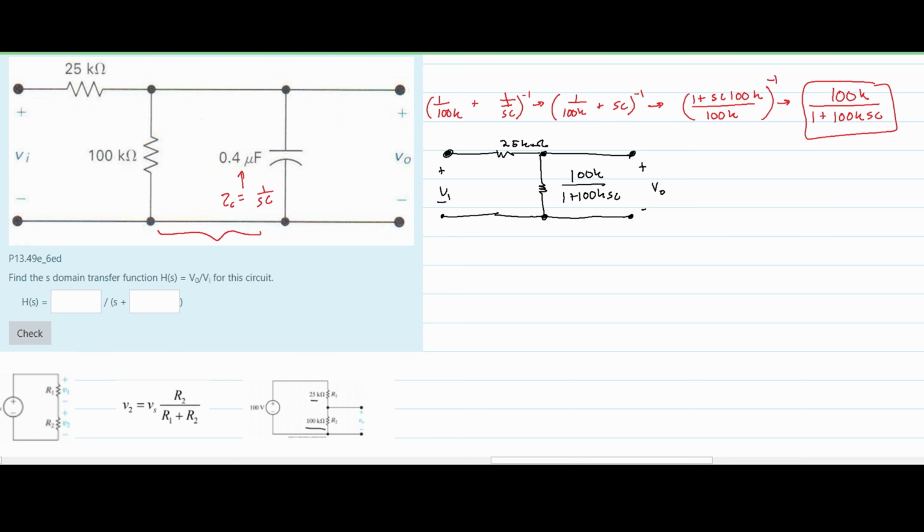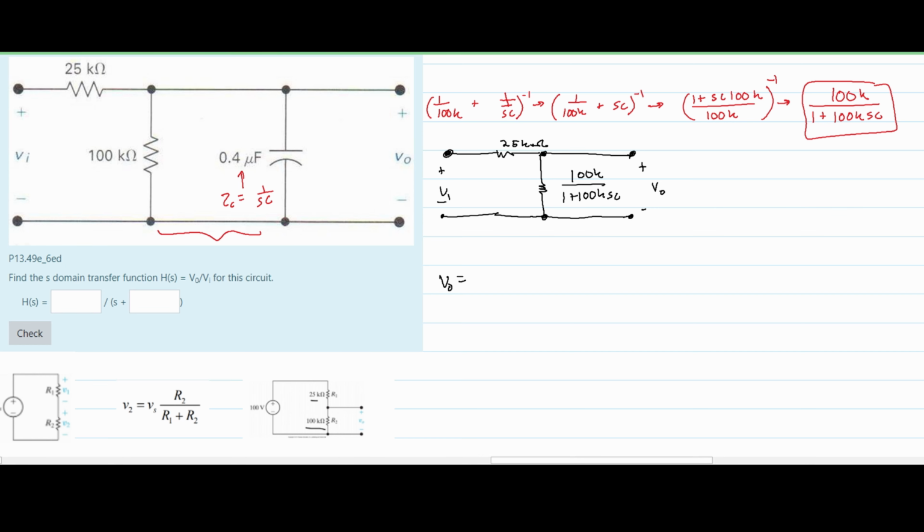We have this resistor in parallel with this voltage, so we can write this out using this equation. This V2 is equivalent to this V naught that we have. So V naught is equal to our V of S, and our V source is right here, just like this is right here.